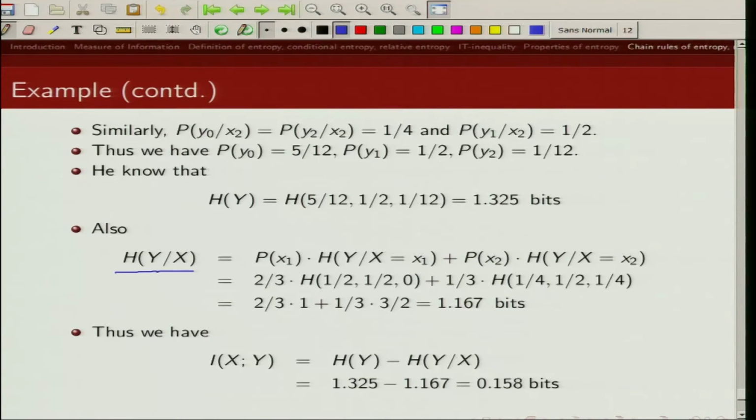Similarly, we can compute the conditional entropy of y given x. This is given as the conditional entropy of y given x1 into the probability of x1, plus the conditional entropy of y given x2 multiplied by the probability of x2. In a similar fashion, we can find out the entropy of y given x1.